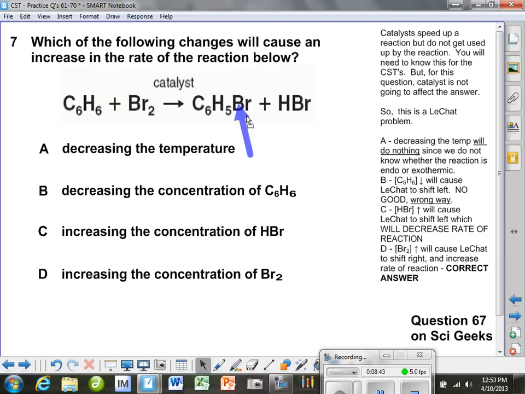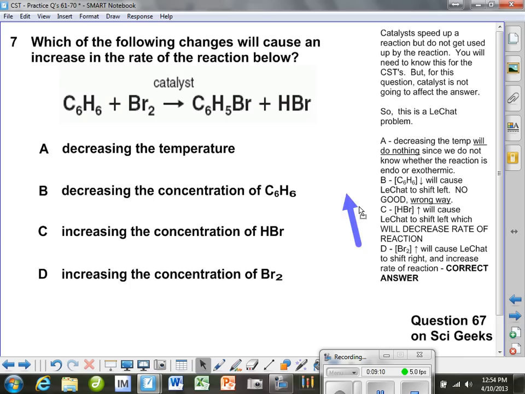And to do that, he has to make these the reactants and move the reaction this direction. And that's counterproductive to what we want. And then in C, increasing HBr, Le Chatelier wants to decrease it. And it will decrease as he shifts to the left, putting this and this together to make these.